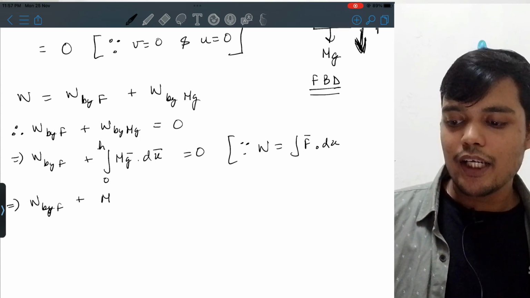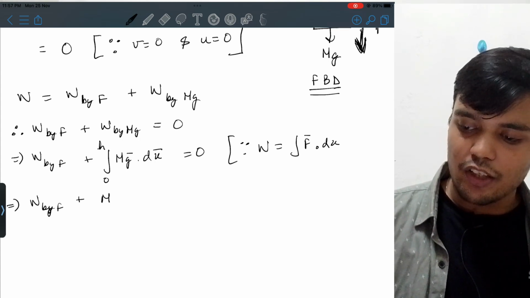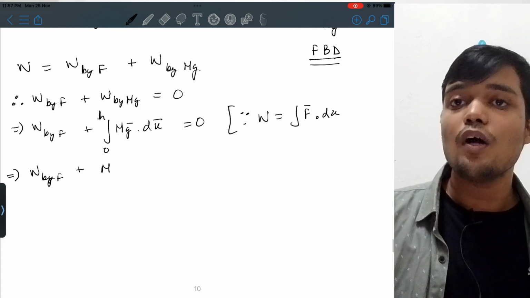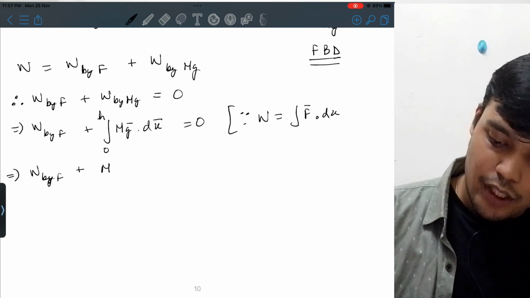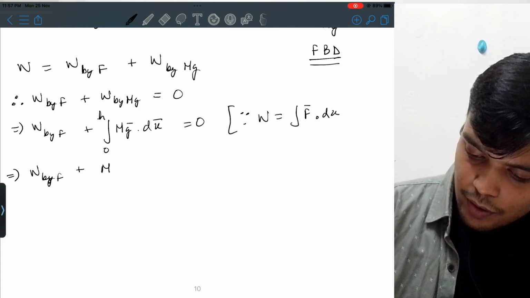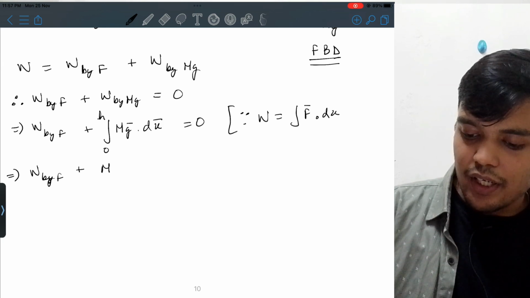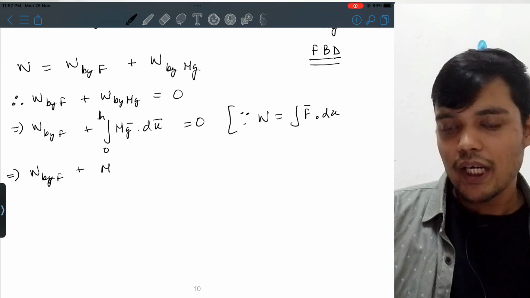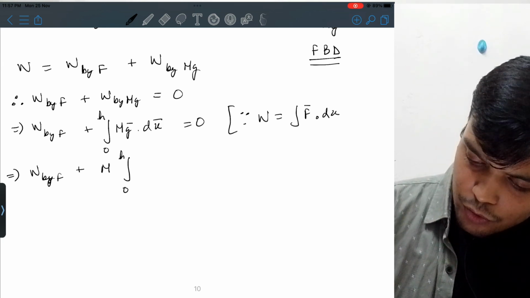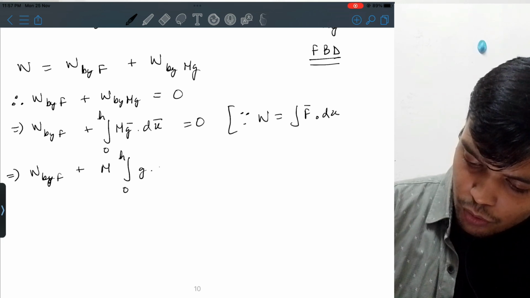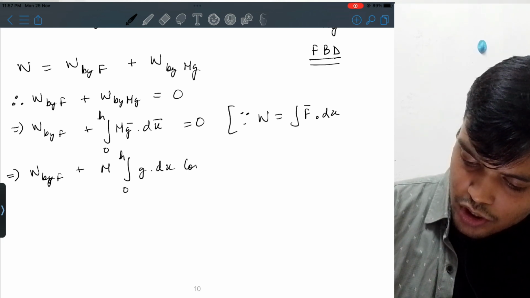So, the angle between the force and displacement will be 180 degrees. Therefore, g dot dx can be written as g dx cos 180 degrees.